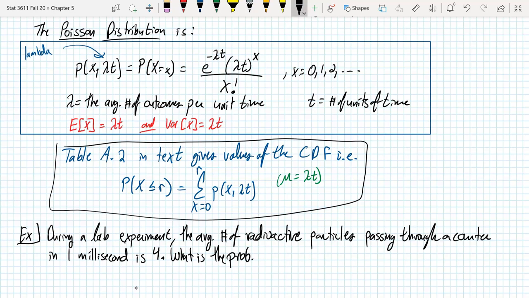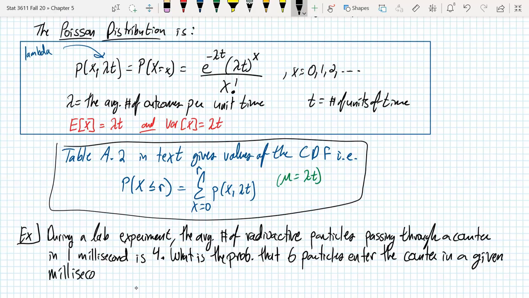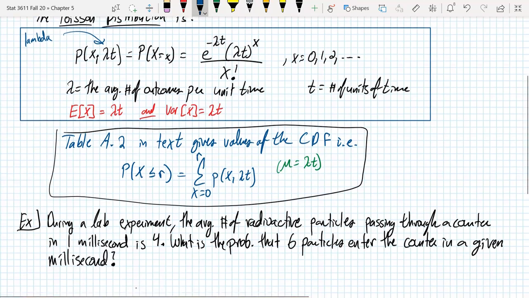What is the probability that 6 particles enter the counter in a given millisecond?